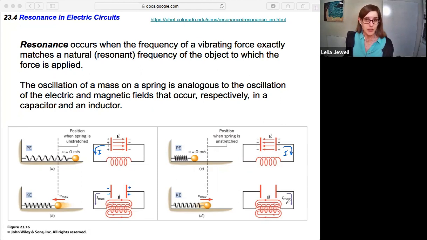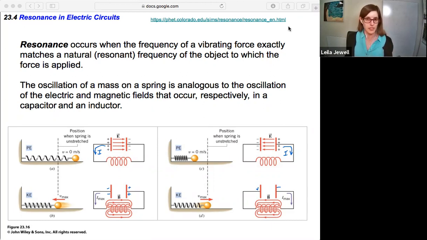After this maximum current, the current will start to decrease as it charges up the capacitor plates with a positive on the left and a negative on the right until we get right back to square A, right where we started. So it's a very impressive cycle. That's when we can get the largest resulting currents out, because there's the most motion.